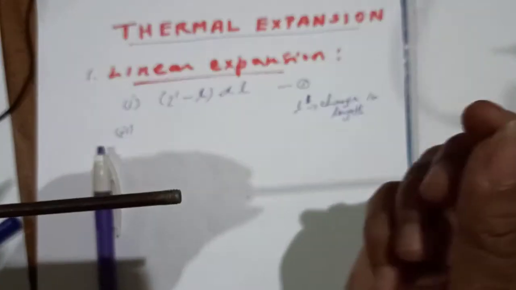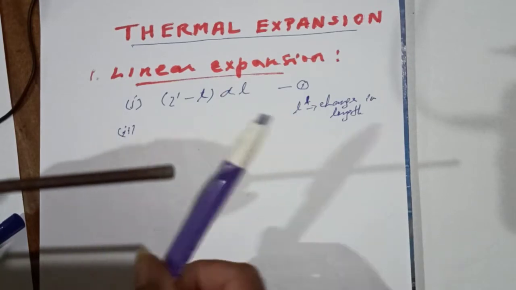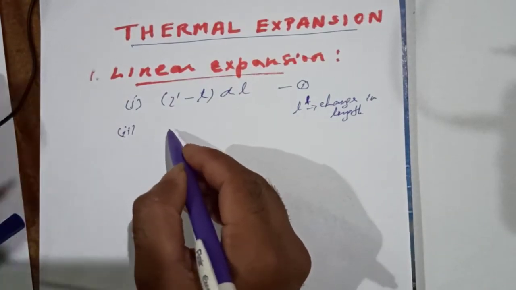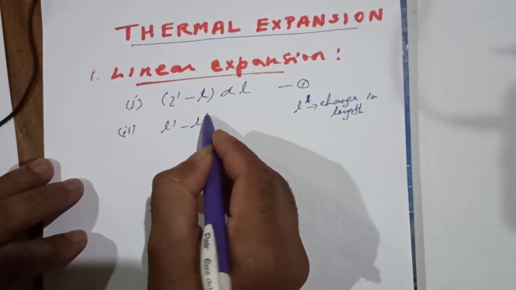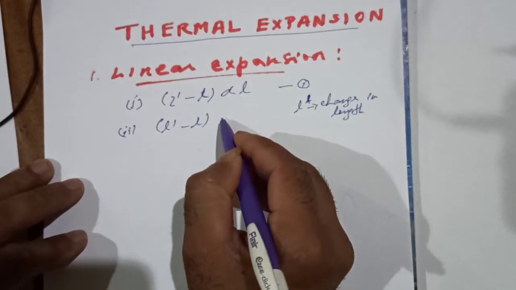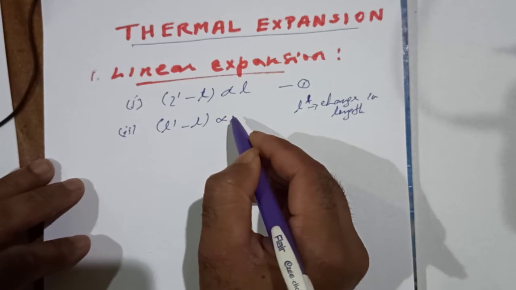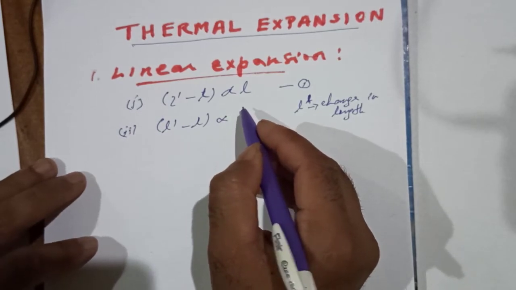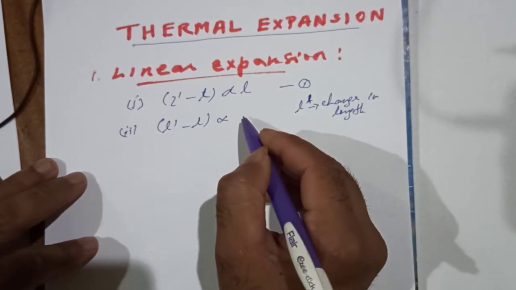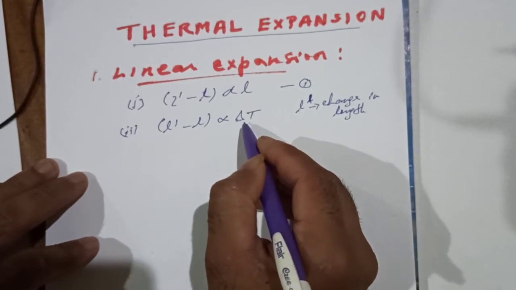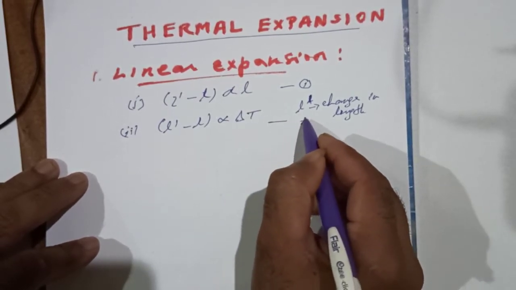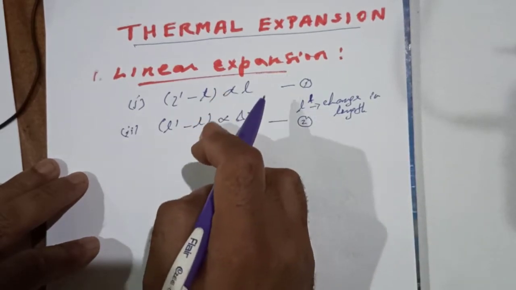That means the increase in length is also directly proportional to the rise in temperature, or change in temperature, which we call delta T, equation number two. So these two things happen.